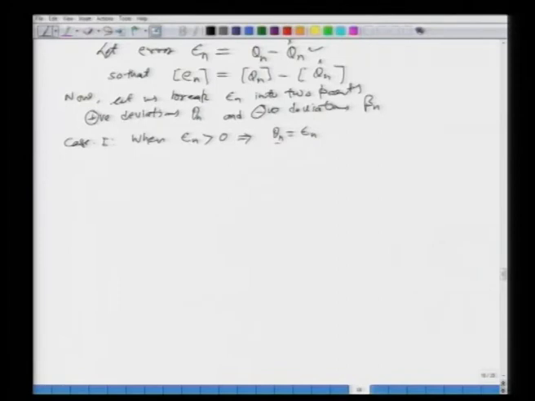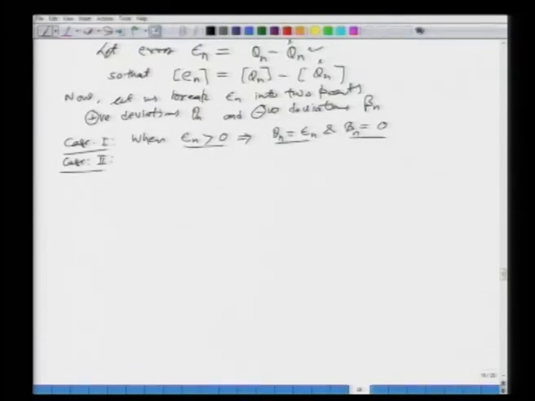So, we set epsilon equal to theta, and what will be beta for this case? Well, it is the negative component which is 0. So, if your epsilon is positive, then epsilon is your theta and the beta component is 0. We are doing all this so that we are able to impose the non-negativity constraints.